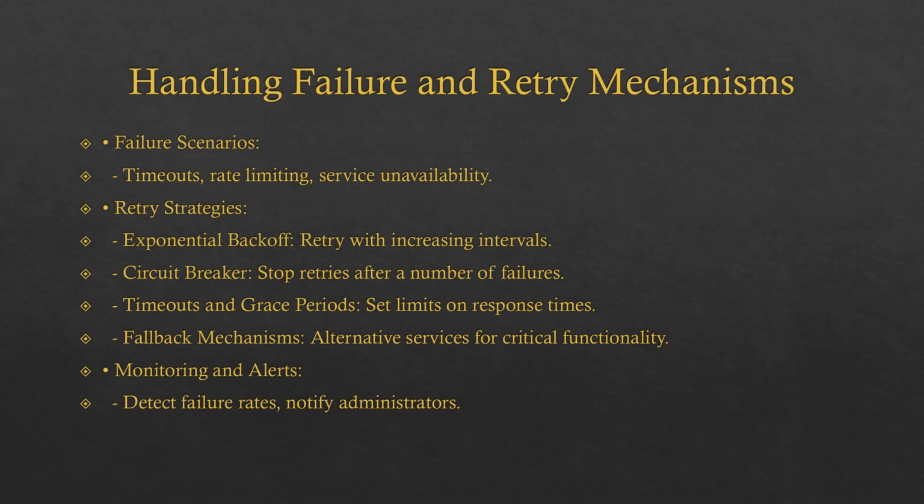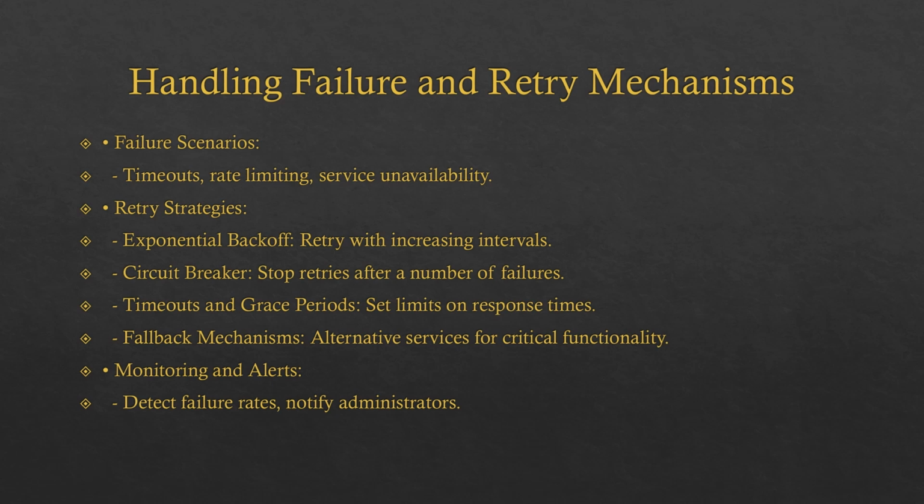No system is perfect and external services can fail. It's important to anticipate failure scenarios such as timeouts, rate limits, or service outages. To address this, you can implement retry strategies like exponential backoff, where retries occur at increasing intervals.